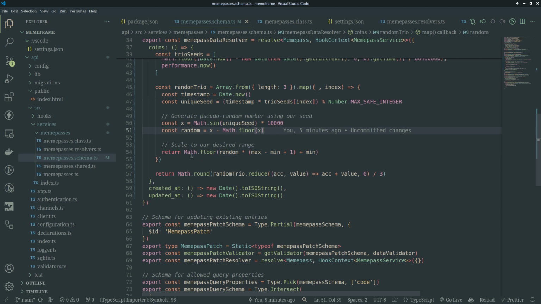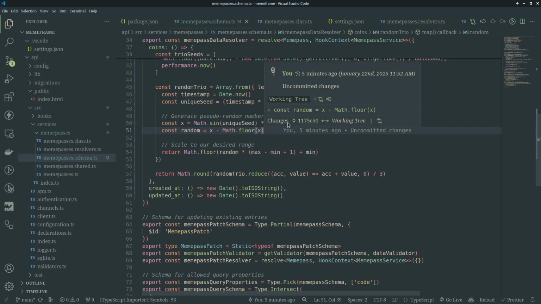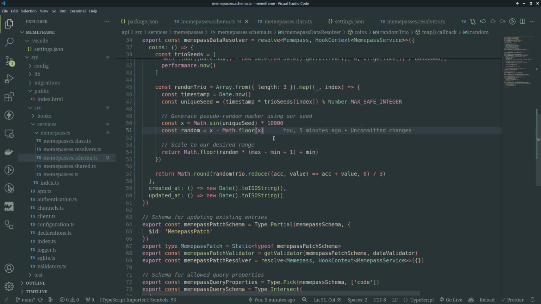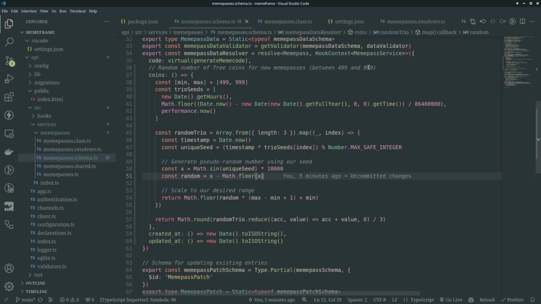Then we calculate the floor of the random that we got times max minus min, because we have to ensure that we don't go beyond the range. Max minus min, that's this minus this, I think that should be 500, and then plus 1, that's 501.